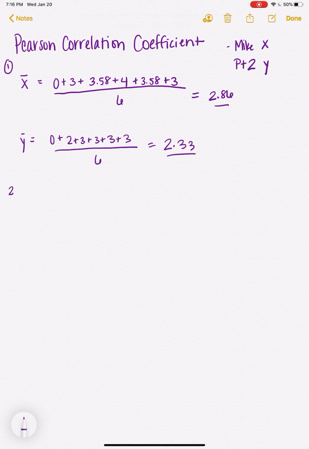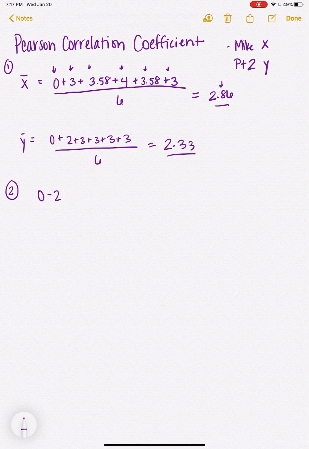Now in step 2, I'm going to compare Mike Smith with patient 2. I'm going to take each of the values for Mike Smith, 0, 3, 3.58, 4, and so on, and subtract his average, 2.86, from each of the values.